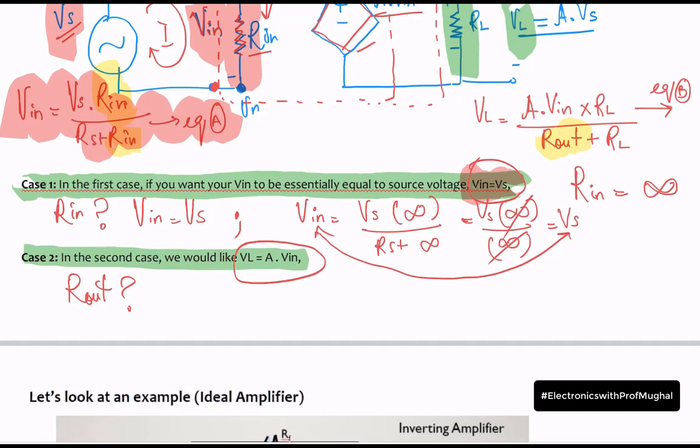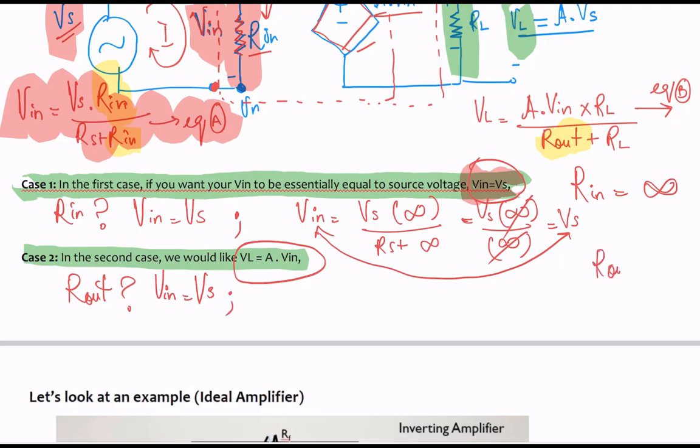Okay, and again, we are striving for getting Vn equal to Vs. So what should be the value of R out? Well, if we choose R out to be extremely small, ideally say 0 ohms, and I put the 0 ohm value in equation B over here, then what do I get? Let's see. Well, VL equals A dot Vn, correct?